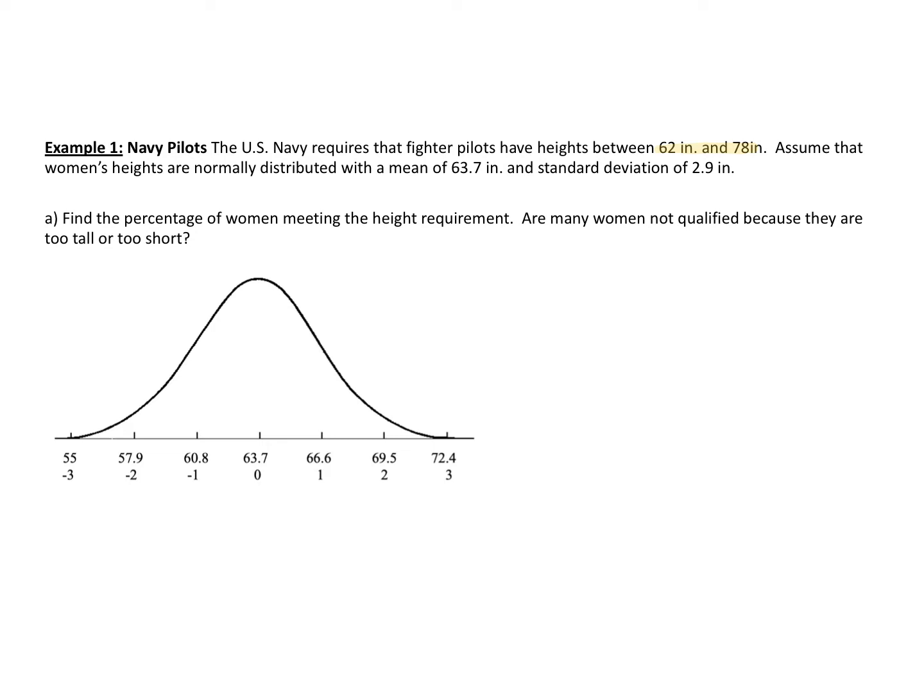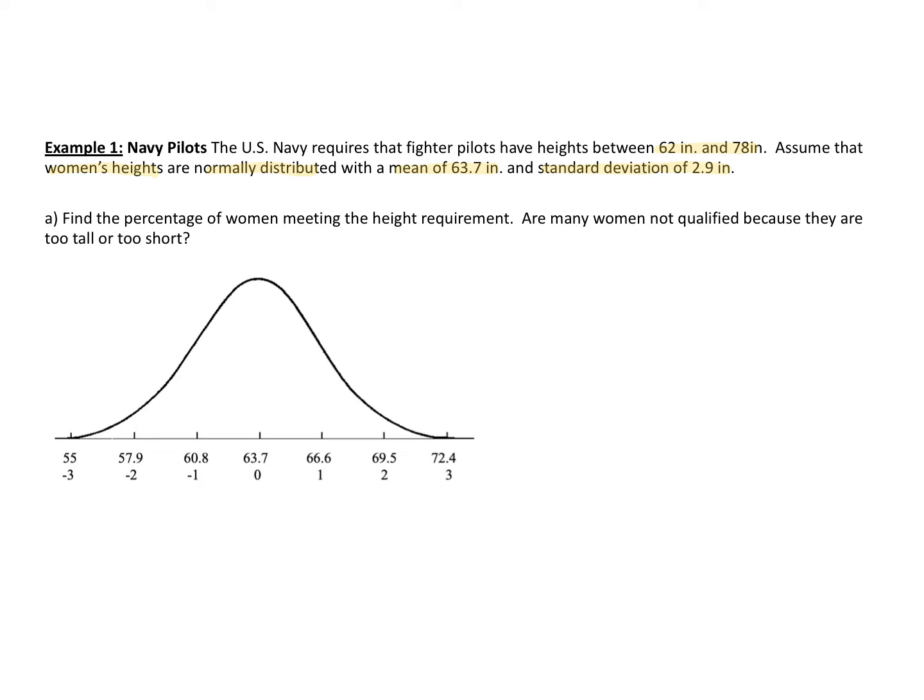So we're going to take a look at women's heights, and we know that women's heights are normally distributed with a population mean of 63.7 inches and a population standard deviation of 2.9 inches.